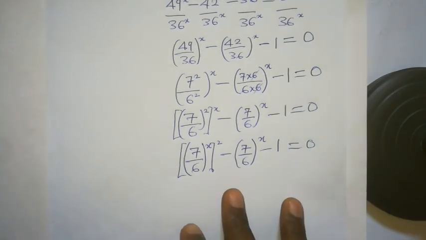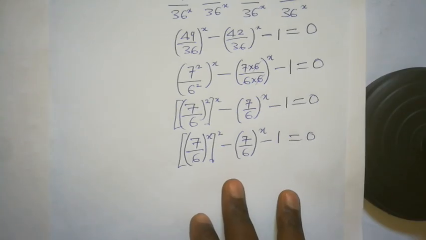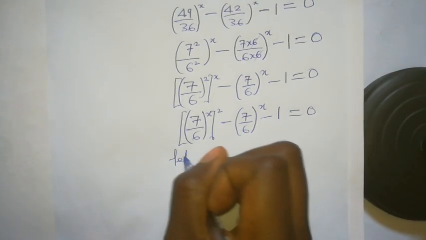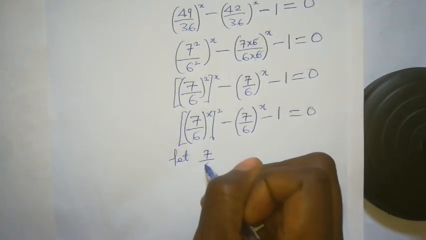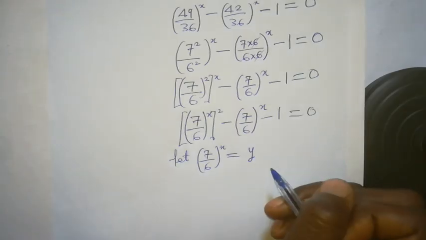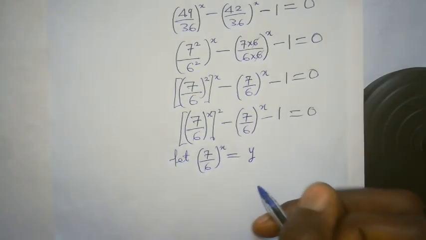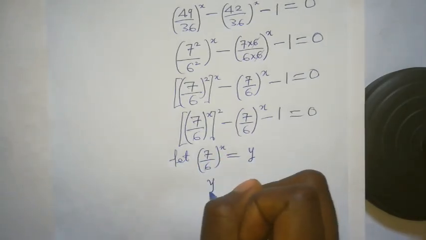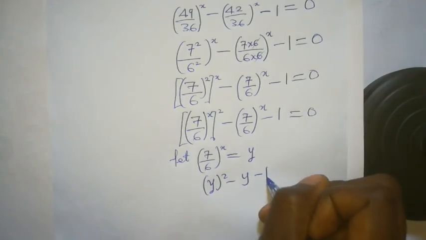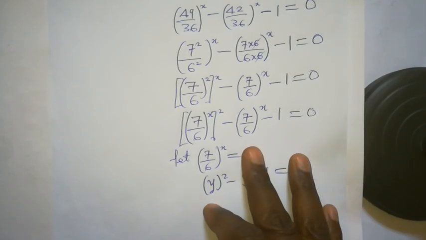So in order to do this, we can do a substitution. Let 7 over 6 all to the power of x be equal to y. In that case, it becomes y squared minus y minus 1 equals 0.